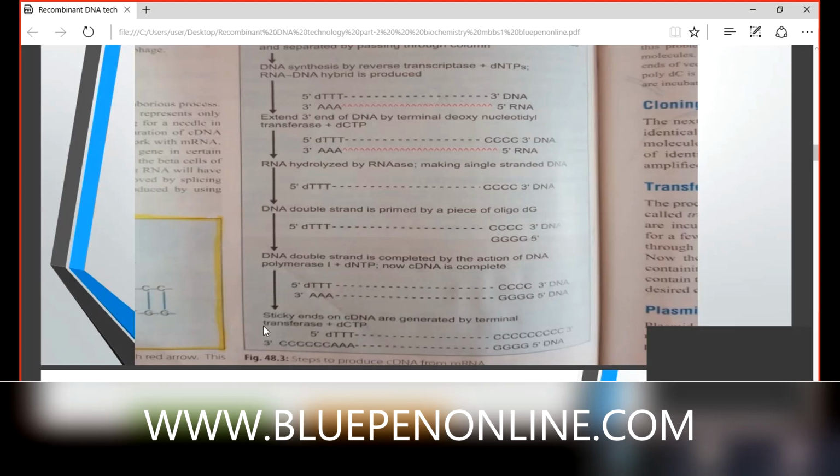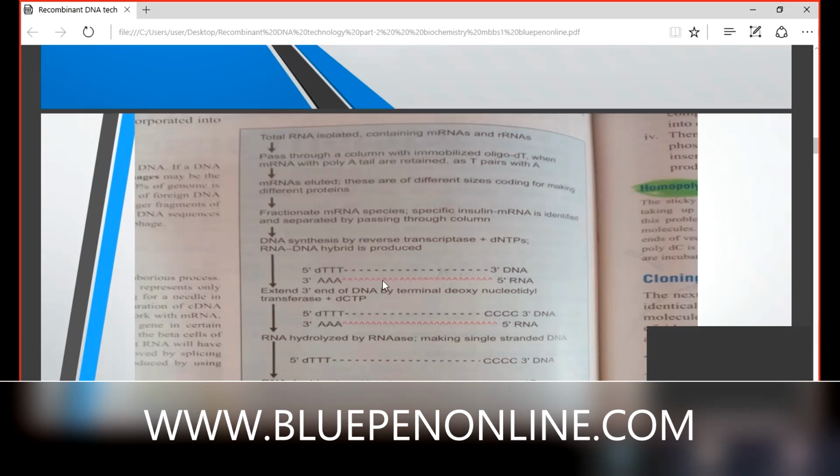Then sticky ends of cDNA are generated by terminal transferase. You just understand how we take this RNA combination, rRNA and mRNA, and then how we separate mRNA with the help of that immobilized medium containing oligo-dT and the poly A tailing.